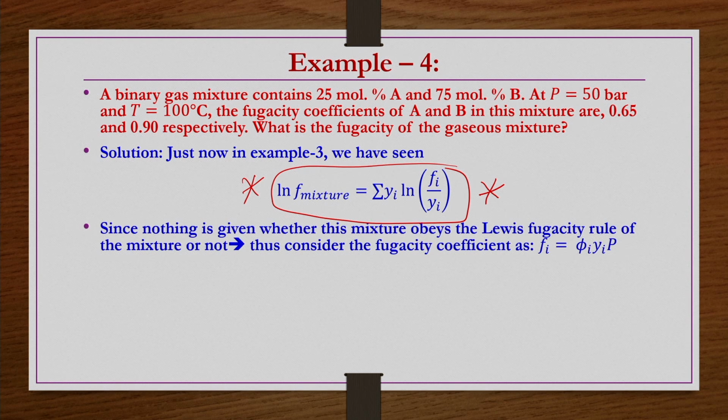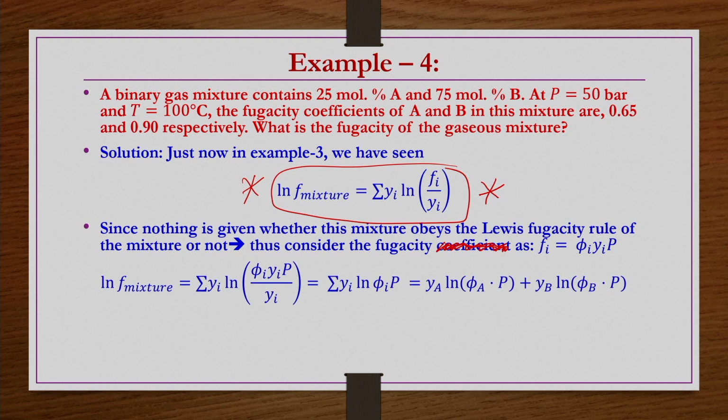Now, since nothing is given whether this mixture obeys the Lewis-Fugacity rule, the consideration of f̂i as phi i yi P is more appropriate. So, in the equation ln f mixture equals sigma yi ln f̂i, in place of f̂i I am writing phi i yi P divided by yi.